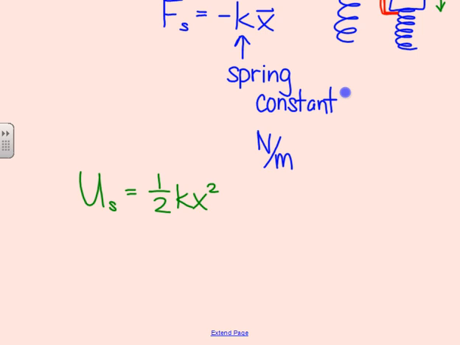K is the same thing, the spring constant, but x in this equation is the displacement from equilibrium.